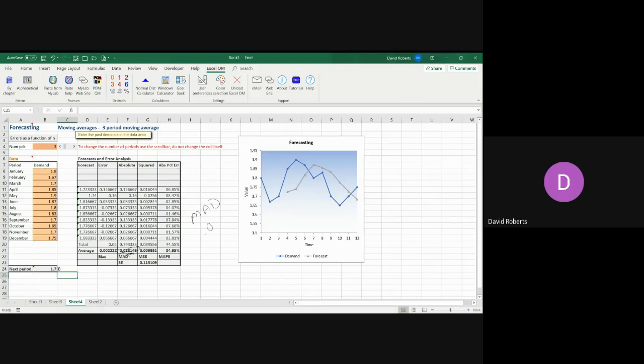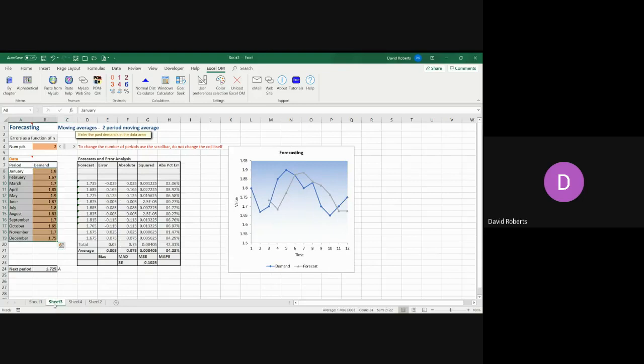Now the MAD for the 2-month is 0.075. So that number is here. And a smaller number is better. It measures the error.